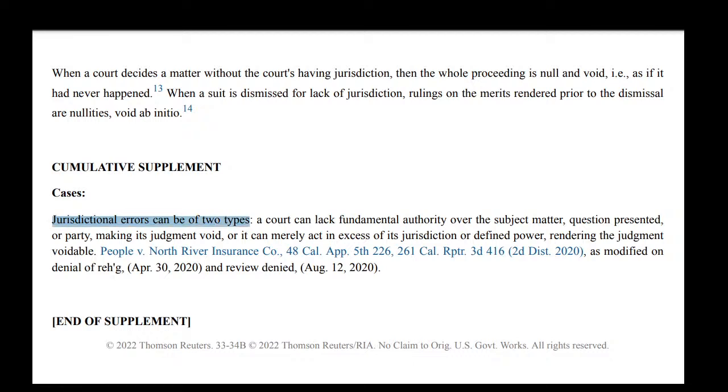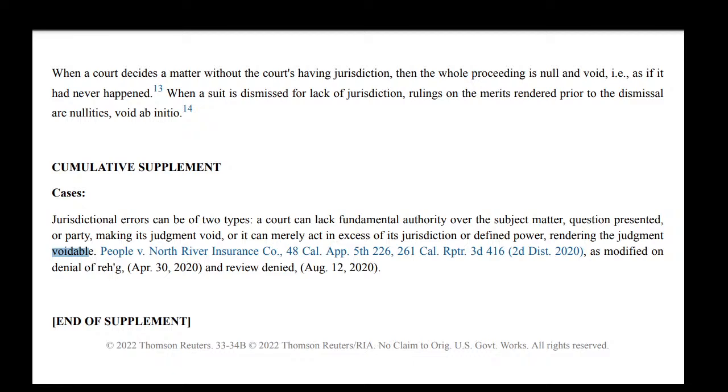Jurisdictional errors can be of two types. Okay, here's our two types. Get your notepad out. One, a court can lack fundamental authority over a subject matter, question presented, or party, making its judgment void. Or two, it can merely act in excess of its jurisdiction or defined power, rendering the judgment voidable. Two types.